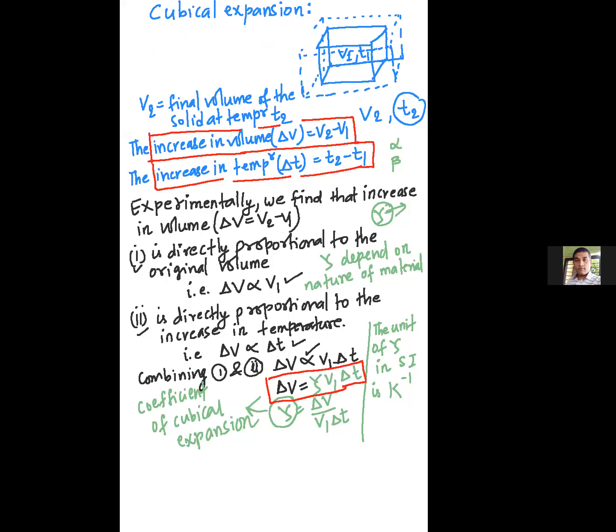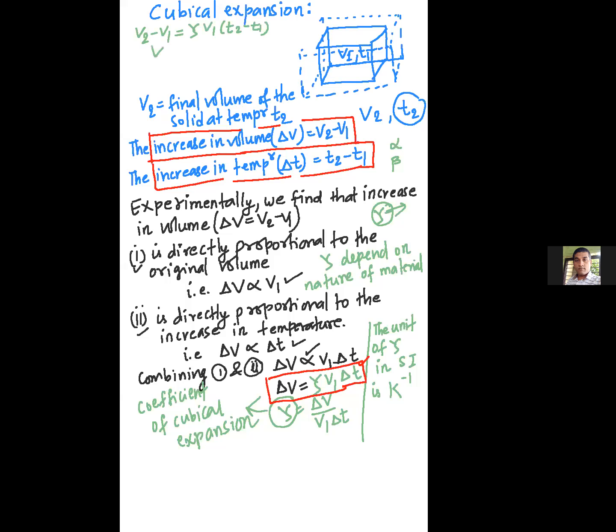Okay. So we are going to simplify this expression. We have delta V equals gamma times V1 delta T. We know delta V is V2 minus V1, so this equals gamma V1 times delta T, which is T2 minus T1. Clear?